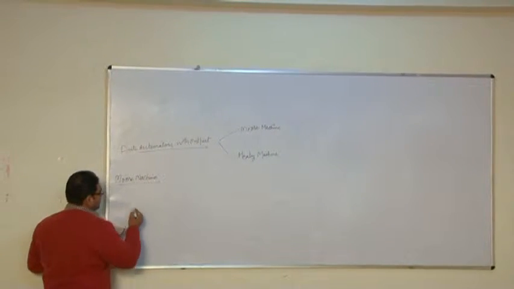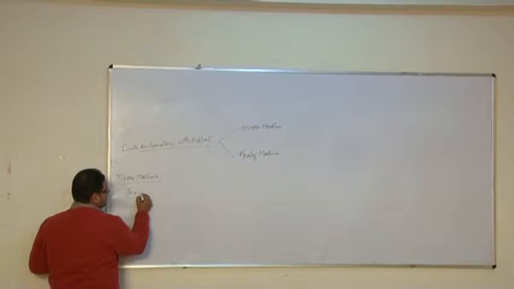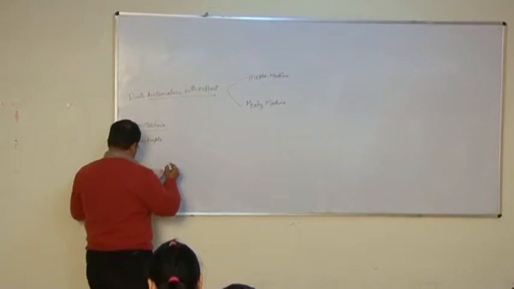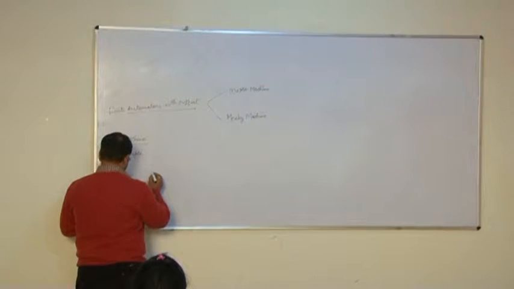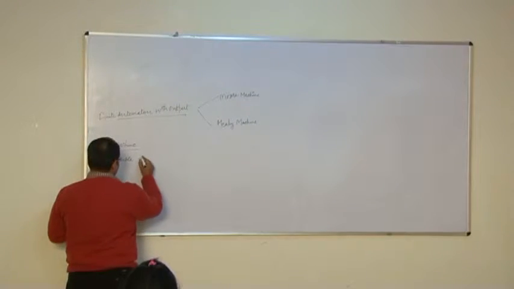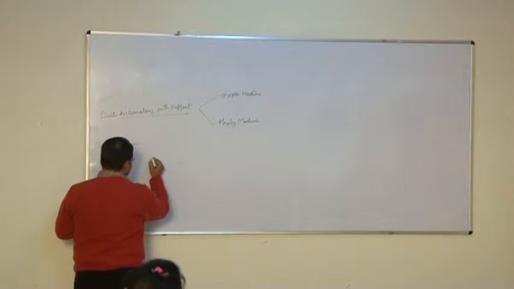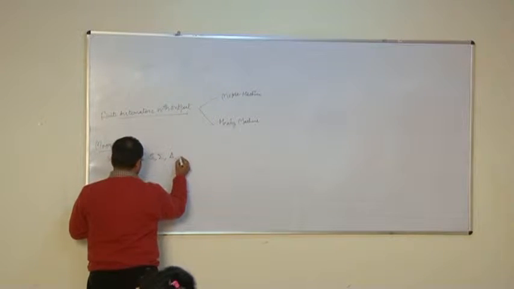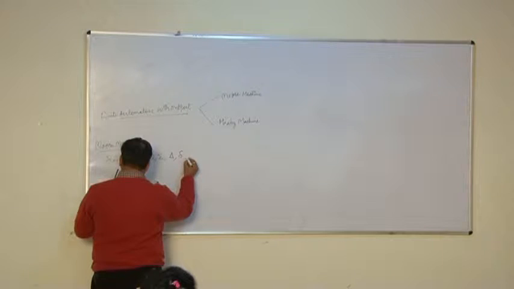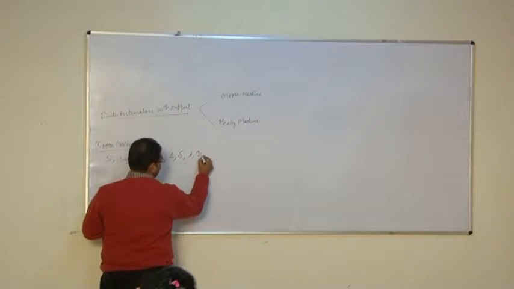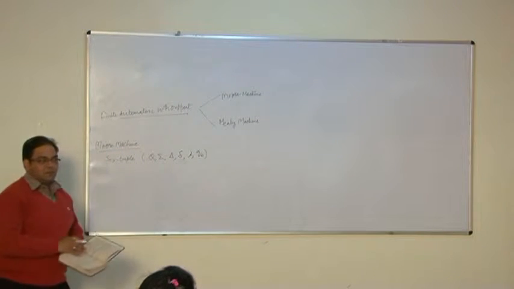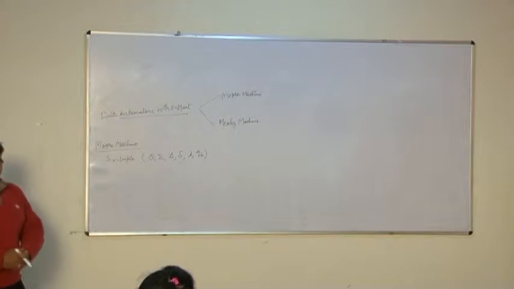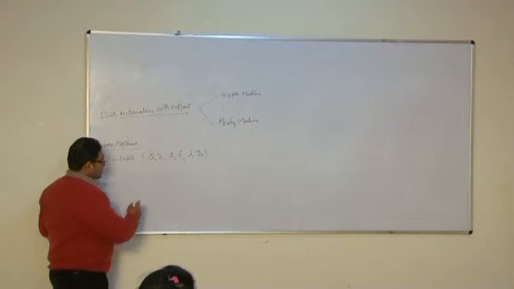So Moore machine can be defined as a 6-tuple definition. It is explained as capital Q, sigma, delta, small delta, lambda, Q naught. So this is similar to the definition of finite automata with a small difference.